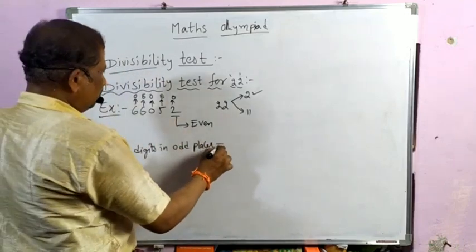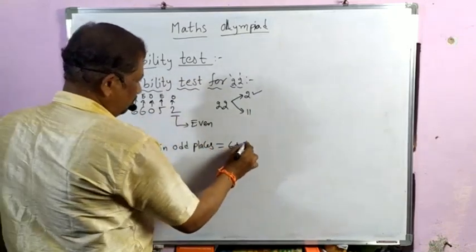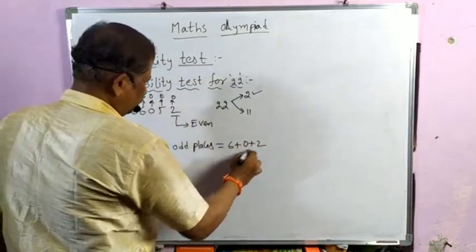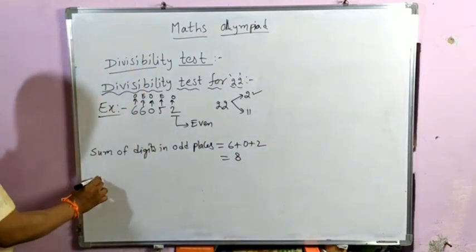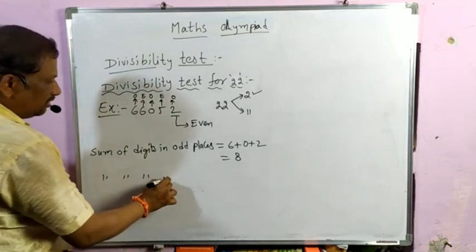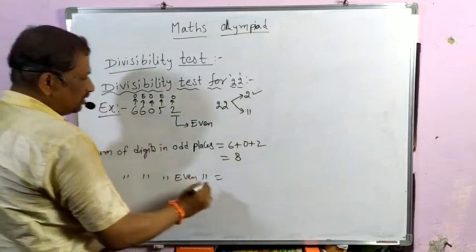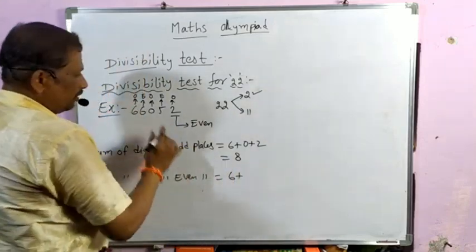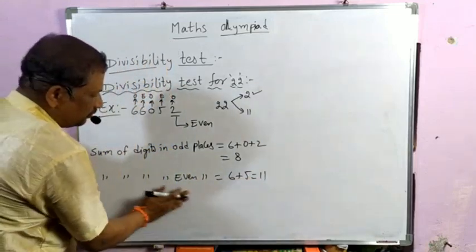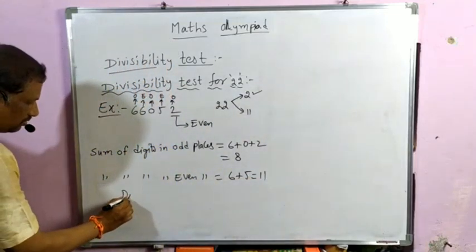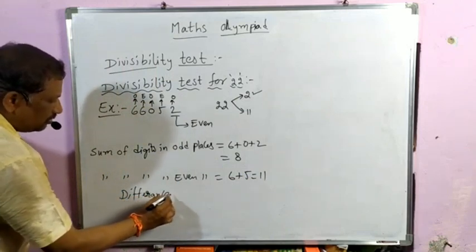So what are the digits in odd places? 6 plus 0 plus 2, this one is 8. Next, sum of the digits in even places. So what are the even place digits? 6 plus 5, that is 11. Then the difference of these two sums.